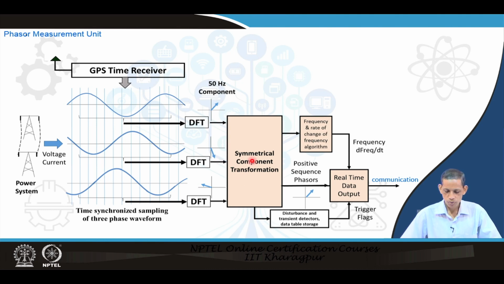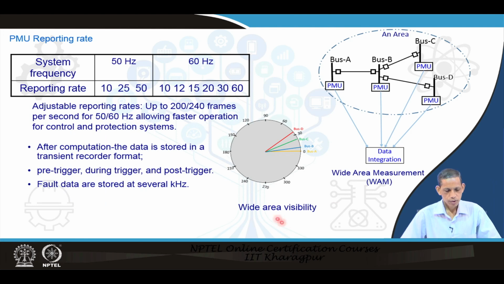From the phasors it computes the symmetrical components, and it also computes the frequency and rate of change of frequency, and then the corresponding data are transmitted to the next destination. It also has storage for disturbance and transient recorders, with database storage at the local level.